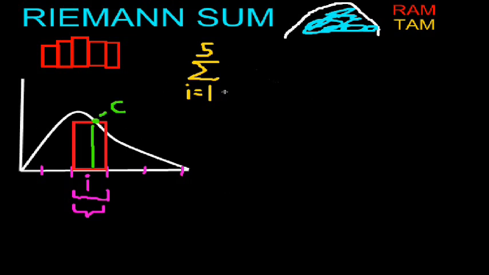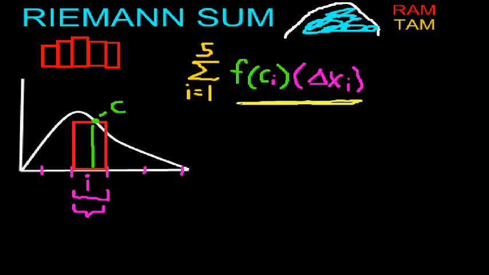So to rewrite this, let's put in our height, which is the value of the function at point C. And C, it's important to note, is inside interval I. And we're going to multiply this by the change in x in interval I again. So this is the basic notation for your generic Riemann sum.